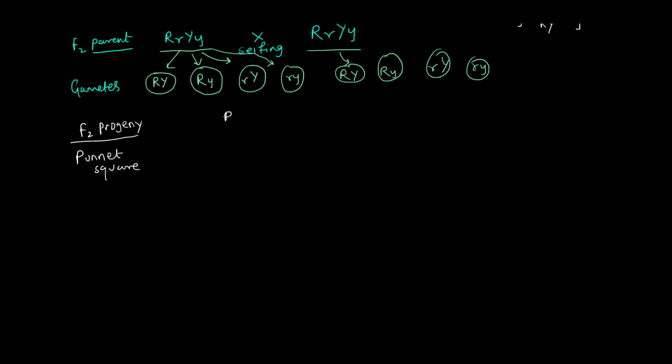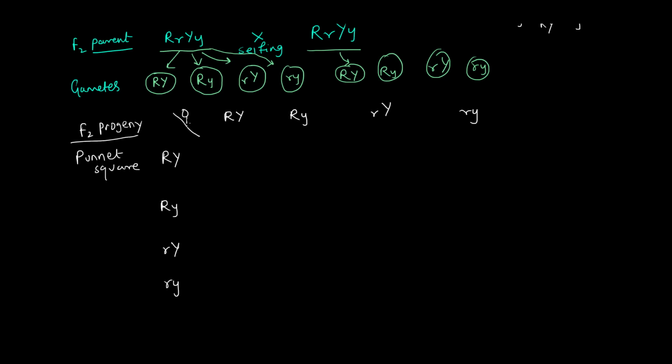Capital R, capital Y, capital R, small y, small r, capital Y, and small r, small y. On this side also we write capital R, capital Y, capital R, small y, small r, capital Y, and small r, small y. So why did I write these four? Let's say from one of the parents we are going to have the gametes here.